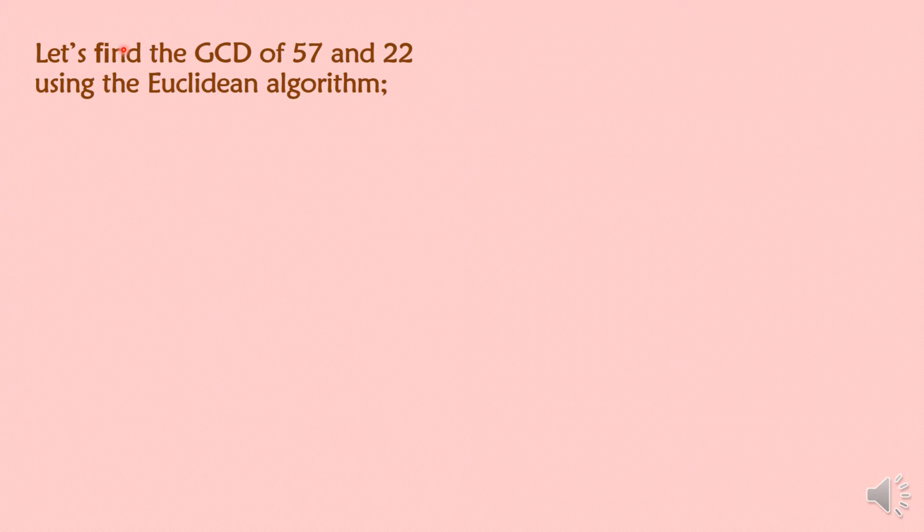Next, we're going to find the GCD of our a and b by the Euclidean algorithm. So the GCD of 57 and 22 using the Euclidean algorithm.